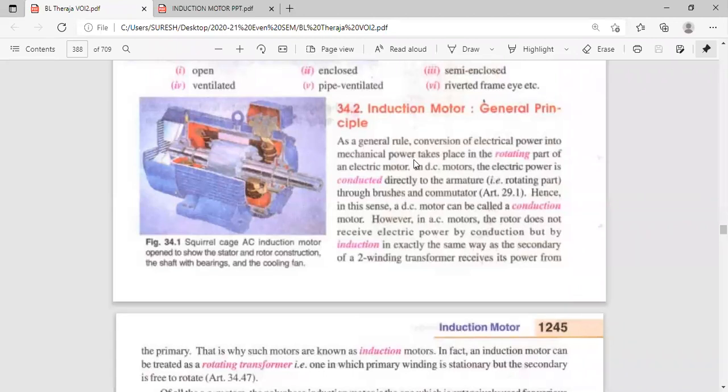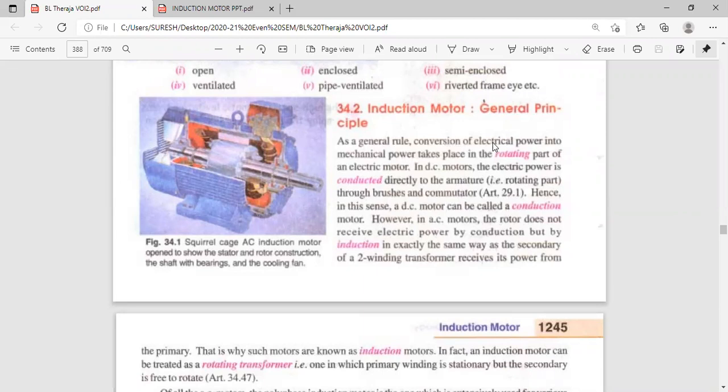Electrical energy is converted into mechanical energy; that is the motor. A generator is the reverse: mechanical energy is converted into electrical energy. In a motor, we convert electrical energy into mechanical energy for pumping water from the well.